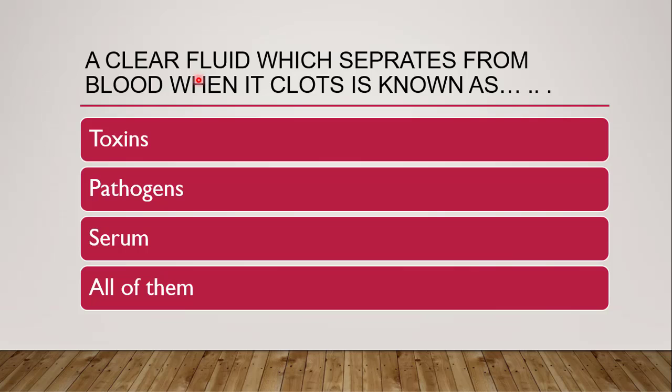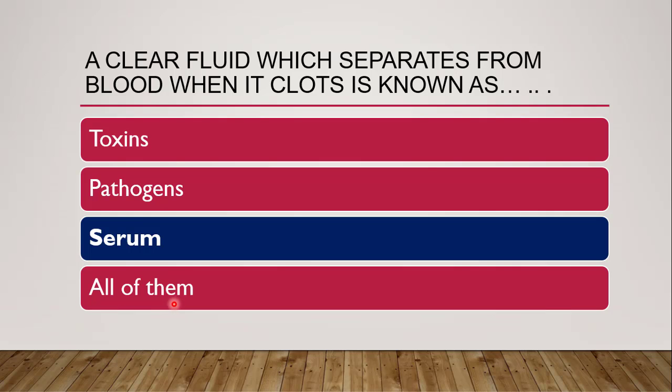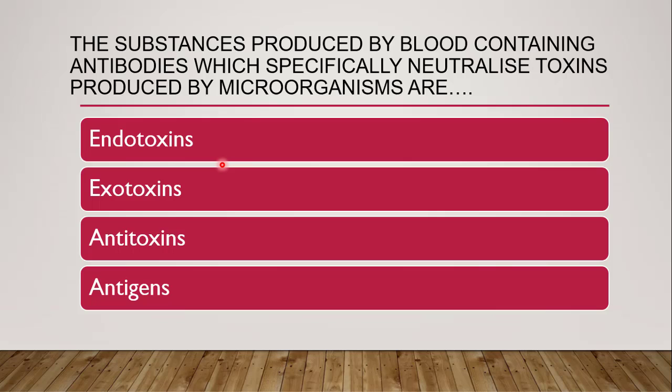Next question is, a clear fluid which separates from the blood when it clots is known as, whether it is toxin, whether it is pathogen, whether it is serum or all of them. The correct answer is serum. When a clear fluid separates from the blood, it is serum.